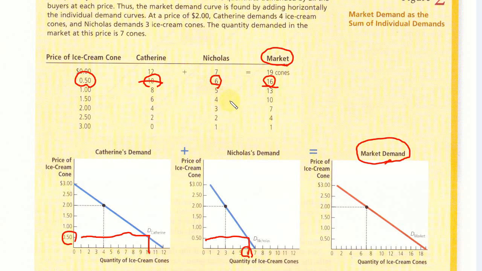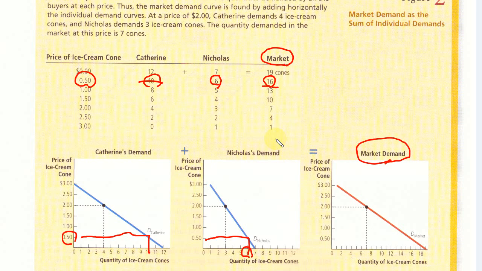This is a very easy concept to understand. So we will calculate market demand by summing up each demand. Then let's see the next.